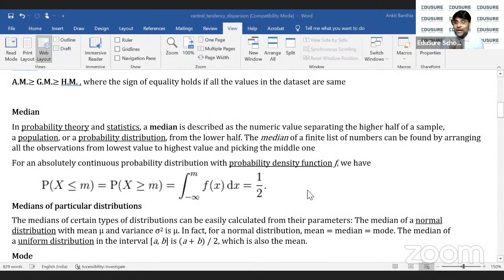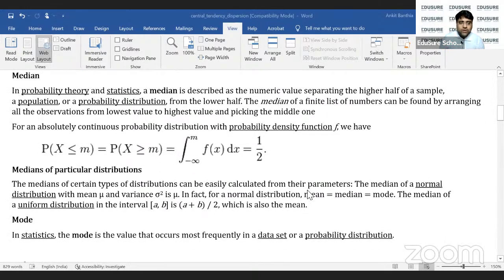Now what is the median? The median is the middle most value. In a continuous distribution you find it out in this way. Otherwise, if A1, A2, A3, A4, A5 are 5 numbers arranged in ascending order, A3 is the middle most value and this is the median.